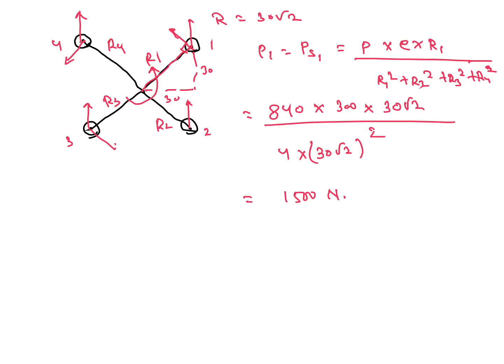This is the direction of secondary shear load. Here you will get PP primary, primary is same everywhere. Then secondary PS1, this is PS4, here PS2, PS3. This is perpendicular and its direction is opposite to the eccentric load rotation. Here eccentric load is acting here, so it will rotate it clockwise.